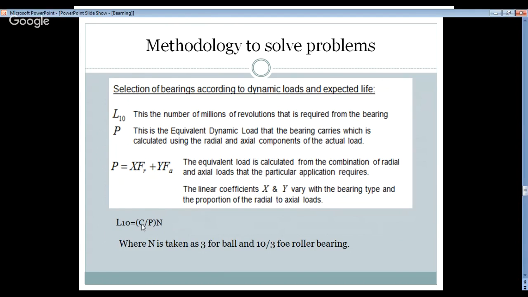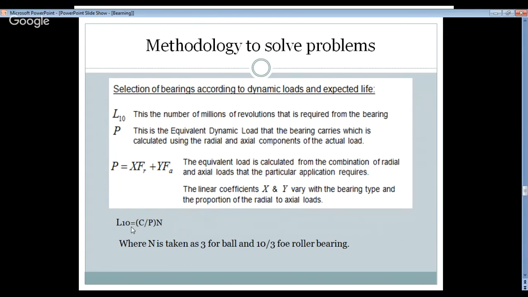For the given bearing, if the dynamic load carrying capacity is given for a given load, we can easily calculate the prediction of life. By this formula, we can calculate the life or dynamic load carrying capacity of the bearing.